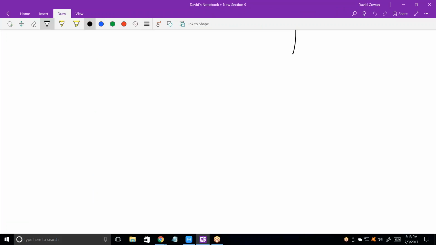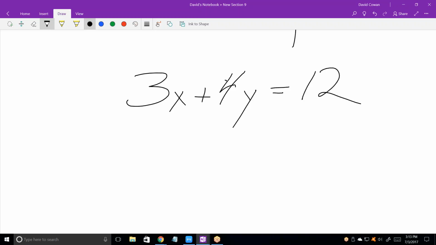Well, let's do this backwards. There is a function, okay? It's a linear function, but it's not in typical format. It's not in y equals mx plus b.